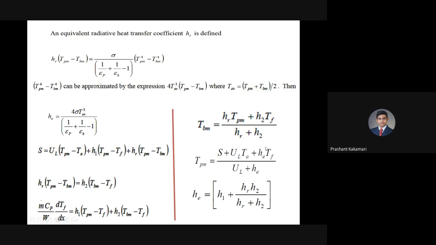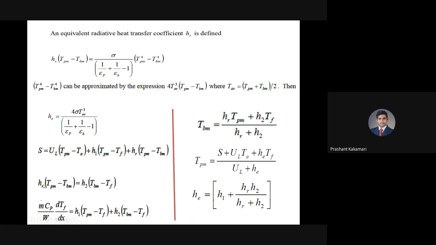This is also an effective heat transfer coefficient, because TF into H1, or TF into H2, is with respect to H1 and H2 and HR also. So keeping all these terms as an effective heat transfer coefficient, they have written HE into TF divided by UL plus HE, like this.